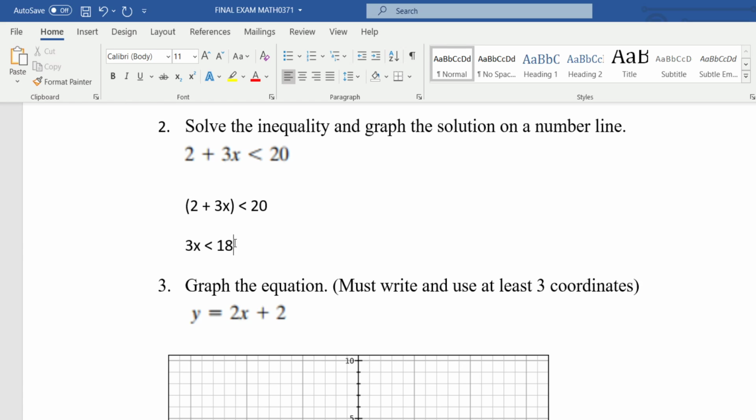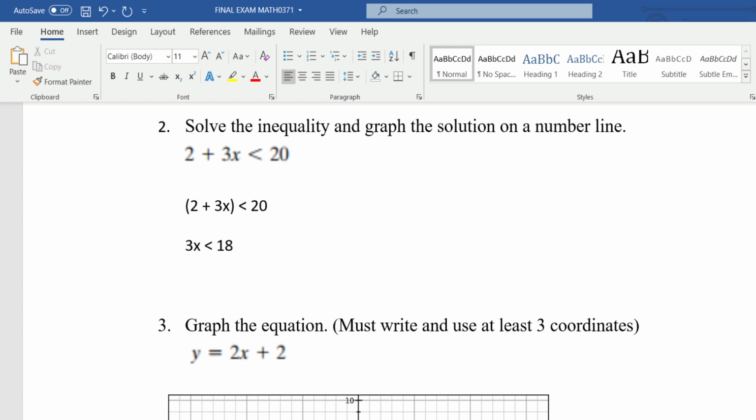So we have 3x is less than 18. Now to continue from here, we need to get rid of the 3 times x. To get rid of the multiplication by 3, you have to divide by 3. We're going to divide 3x by 3, which will just leave you with x. And then 18 divided by 3 is 6. Okay, so this is the inequality solved.